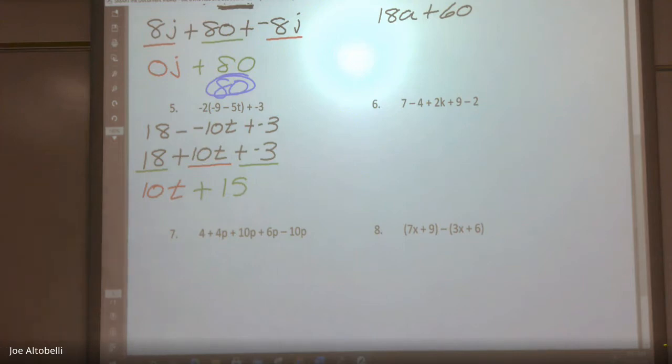Number 6. Go ahead. See if you can get number 6 right. Each time you're trying to learn. I would rewrite for that plus and -4 plus first.